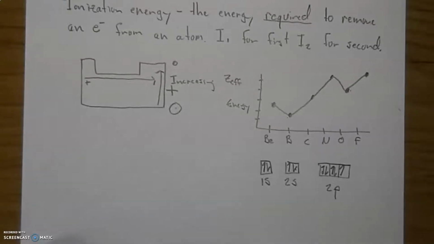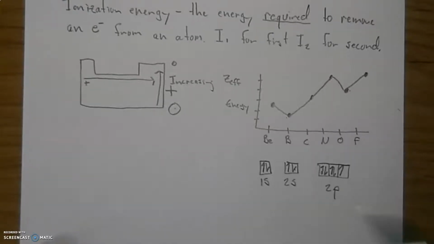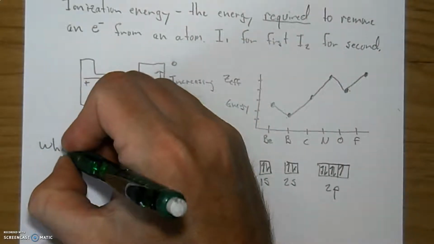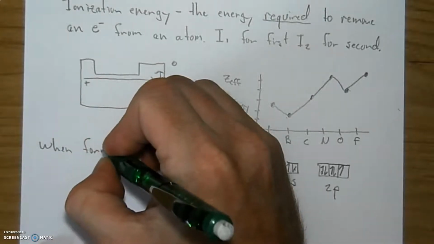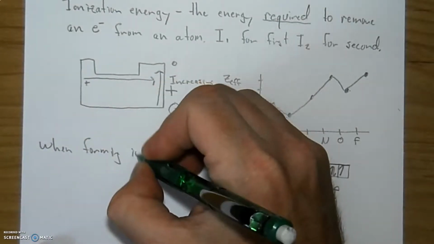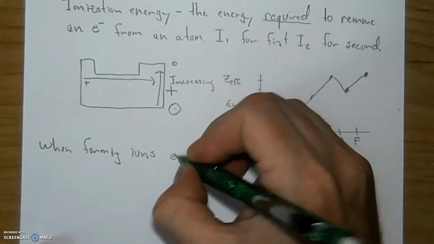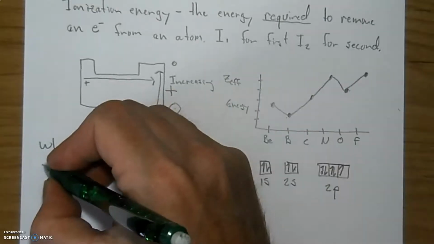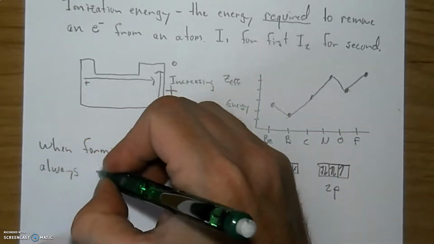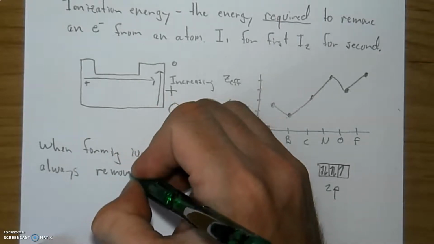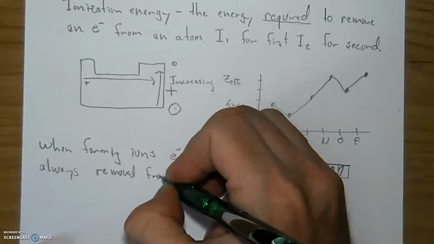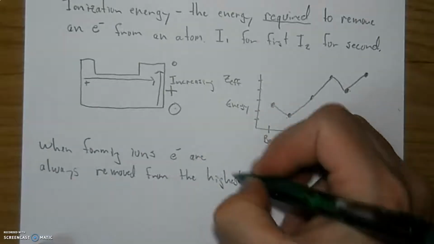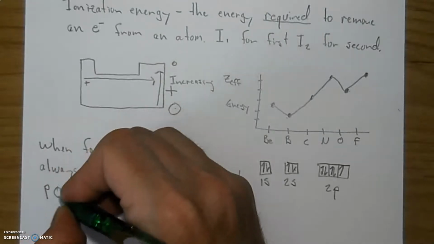One more point about ionization energy, and then we'll do kind of a takeaway on this whole idea: when we are forming ions, the electrons are always removed from the highest principal quantum number.